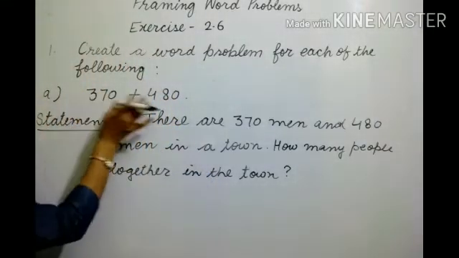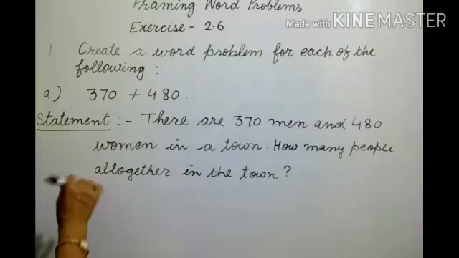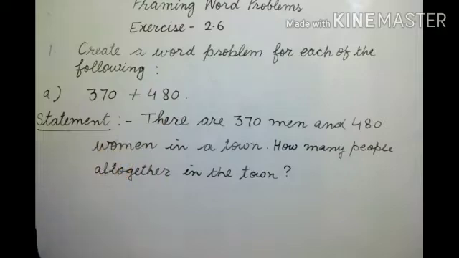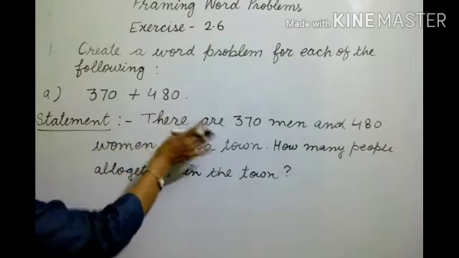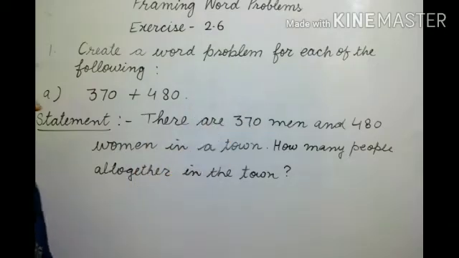We are given questions. In questions we are given two numbers. Good. Hope you understand. Two questions are given and you will create a statement. You can take anything you can take.